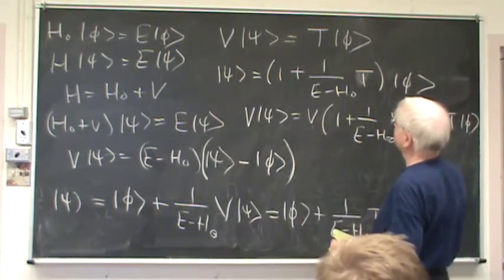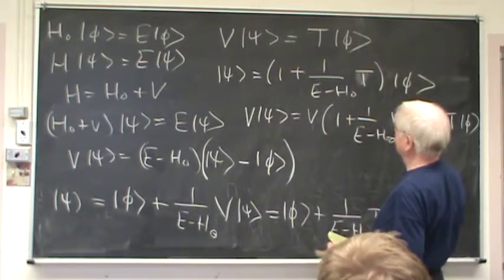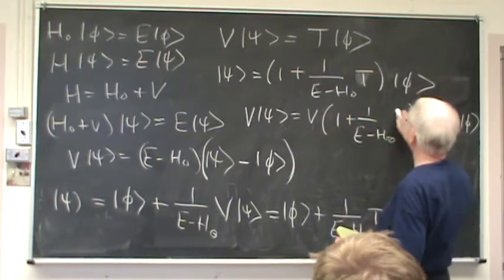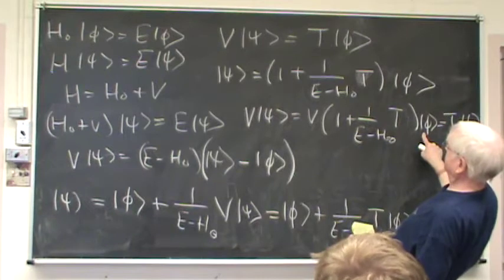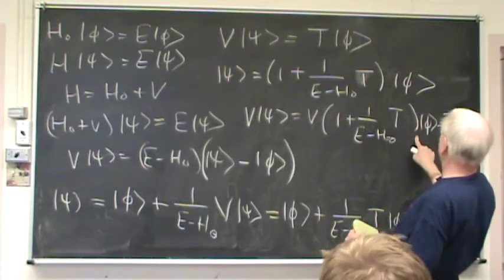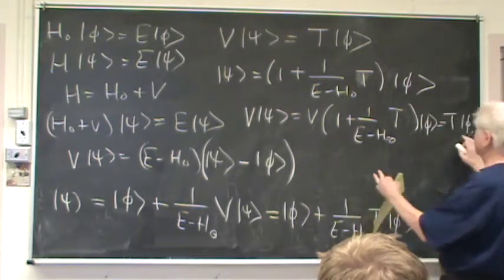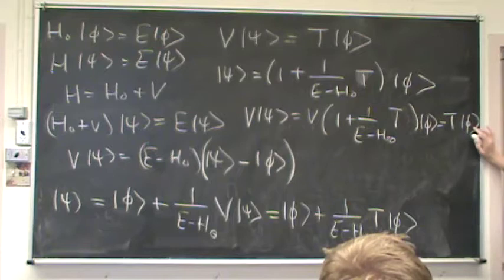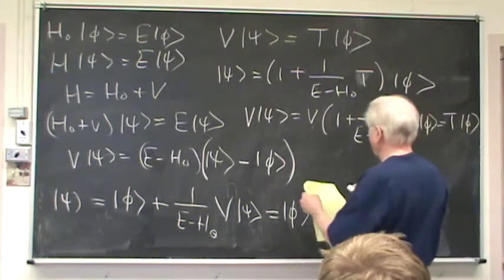And so then we say V psi is T phi, and now V psi, this is T, isn't it? And so that follows from that. And on the other hand, V psi is this. Once we have this equation, we promote it: the phi's form a complete set of states, and so we can promote this to an operator equation.